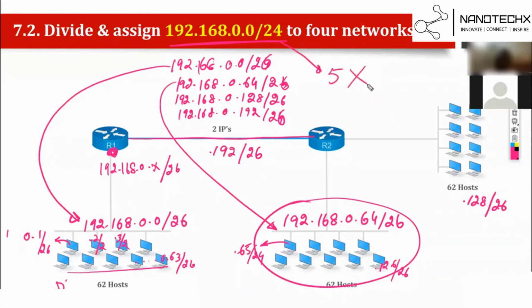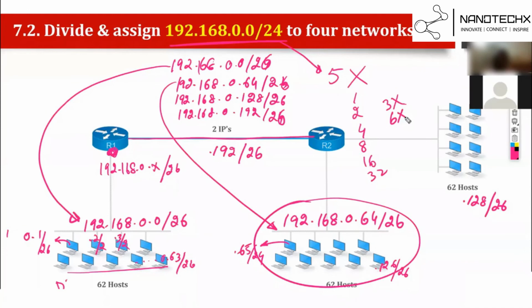This network can only be divided either into one network, which is this one itself, or into 2 networks, 4 networks, 8 networks, 16 networks, 32. You cannot divide any network into anything other than the powers of 2. You cannot divide this network into 3 networks. It's not possible. Cannot divide it into 6 networks. You can only divide into 2 raised to power.